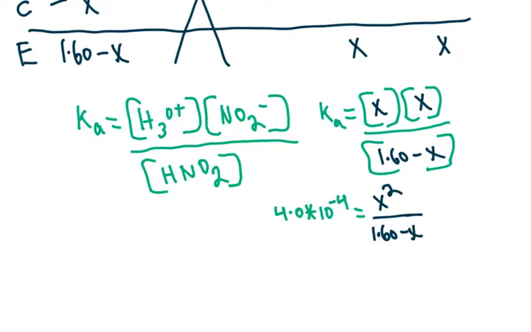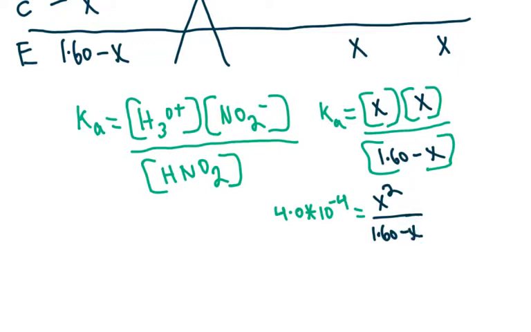All right, now we can solve for x, except we don't want to work with quadratic equations and all that. We want to make it simpler, we want to make our life easier. So what we're going to do is assume that x is a very low concentration, almost close to 0.